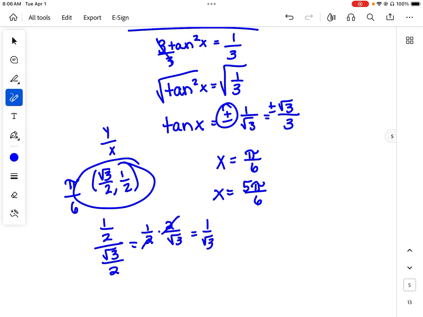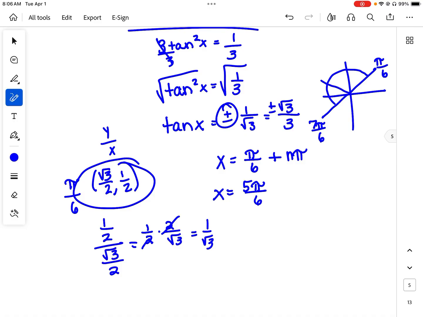So what we can do is instead of continuing to write all 4 of those, we're just going to go 180 degrees, so not a full revolution. If we go 180 degrees from pi over 6, we get to 7 pi over 6. So we're just going to go plus 180 degrees, so in pi.